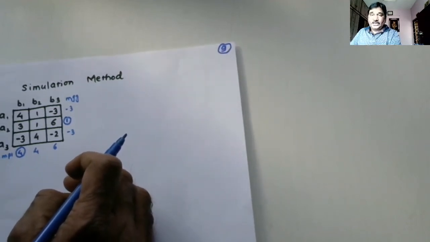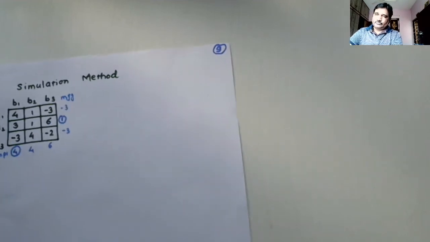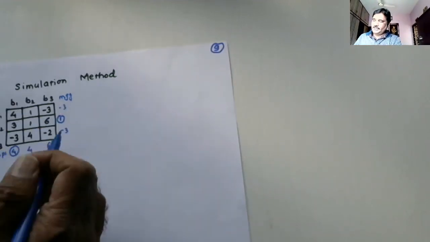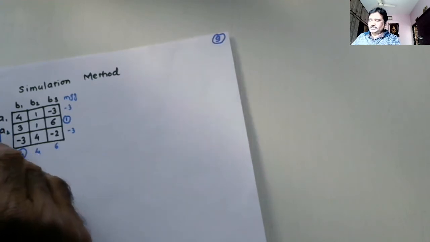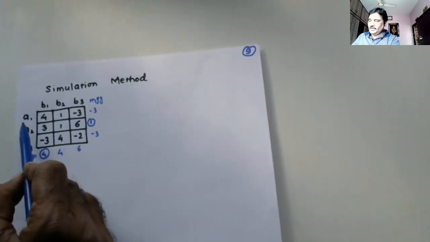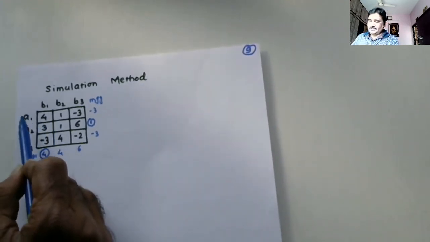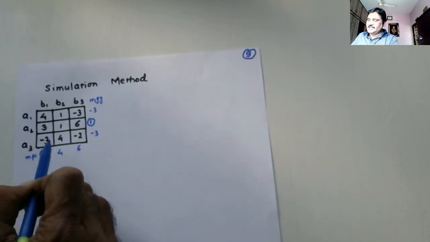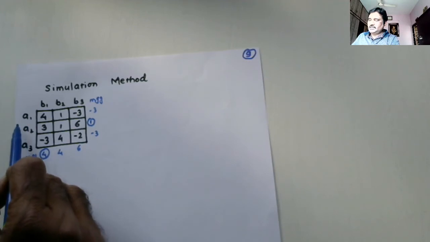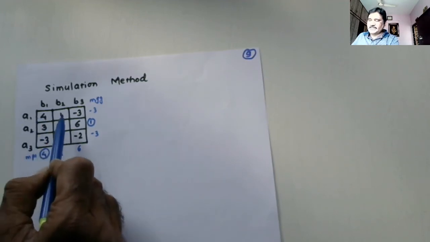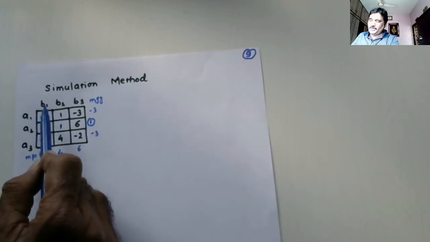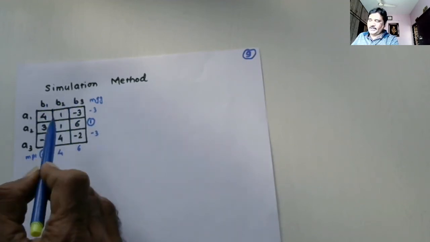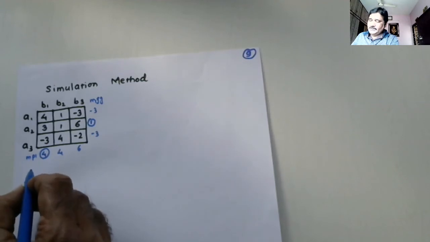At the start of the game, when you decide to play, you may be using any one of these three courses of action, A1, A2, or A3. For standardization, let's start playing the game by selecting the course of action A1. Now, B may select to play B1 or B2 or B3.